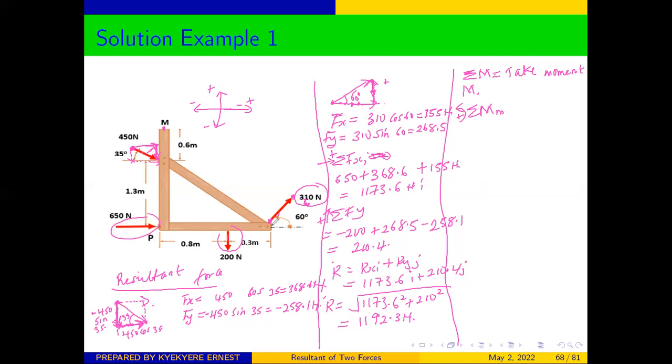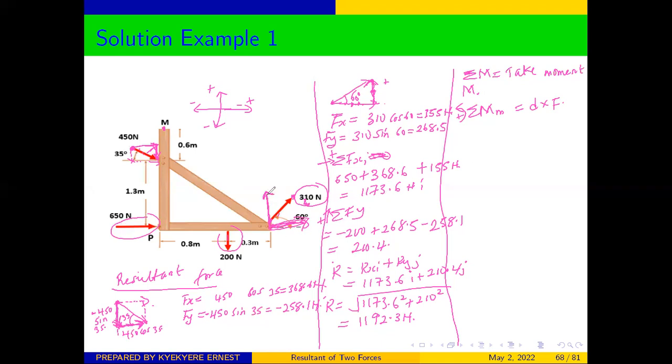relative distance. So here, the force here, we know that we have the x component, and then we have the y component like this. I have the x component here like this, and the y component here like this. And we are taking our moment at M. But don't forget that moment is always the force times the perpendicular distance. And we are using the scalar approach to check whether it will be clockwise or anti-clockwise, and the direction will not matter.